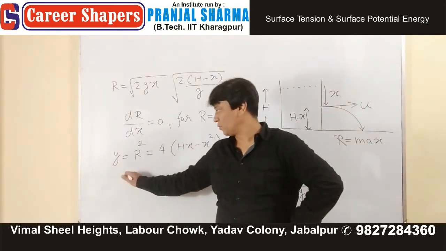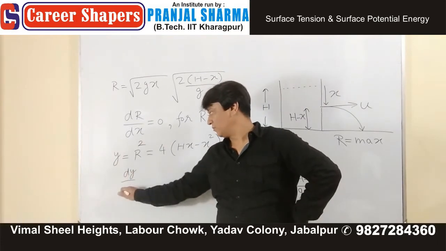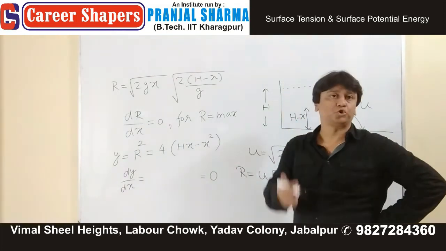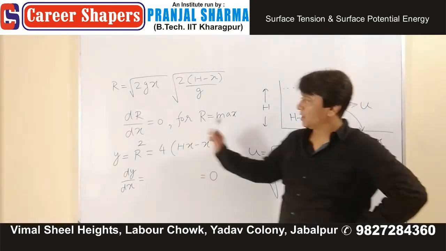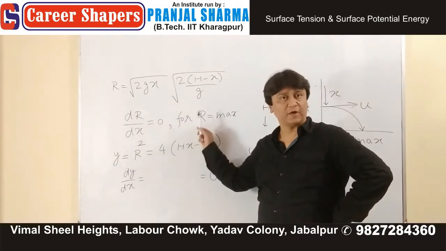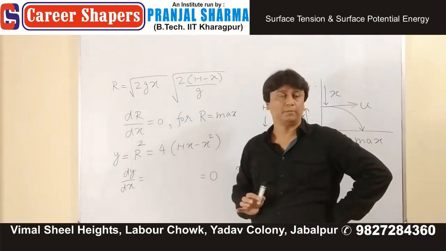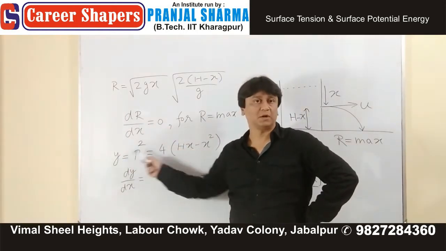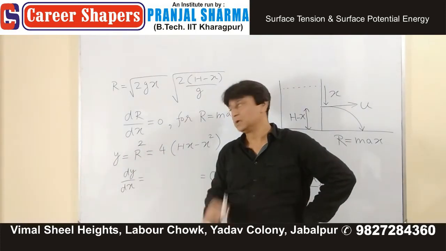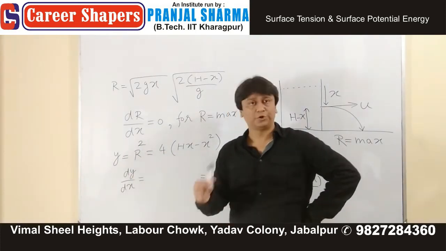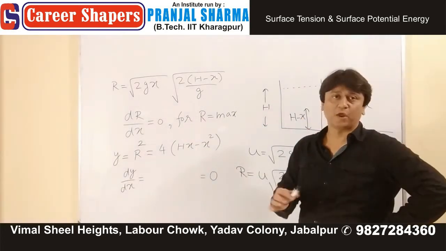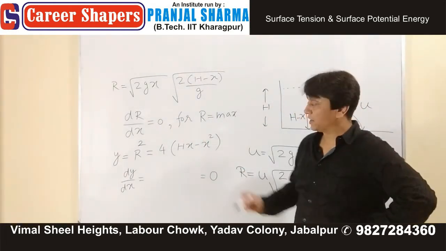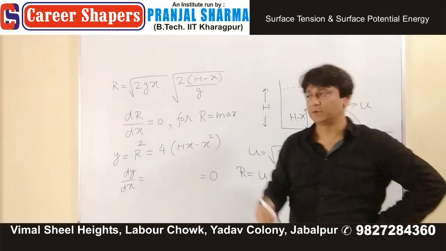That means find out dy by dx, and this dy by dx should also be 0. If R is maximum, R is a function of x, dR by dx should be 0. If R is maximum, so is y, because y is the square of R. That means dy by dx should also be 0. This way we can save time. Instead of differentiating these square roots, we can now simply differentiate this, which is a much easier task.